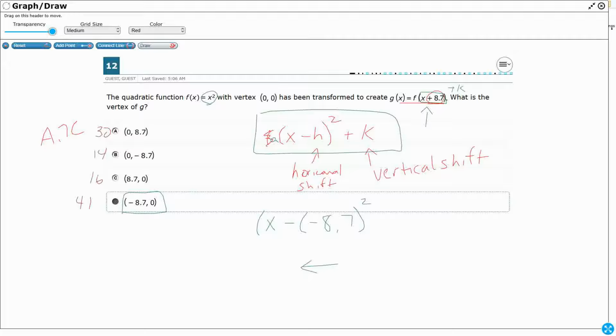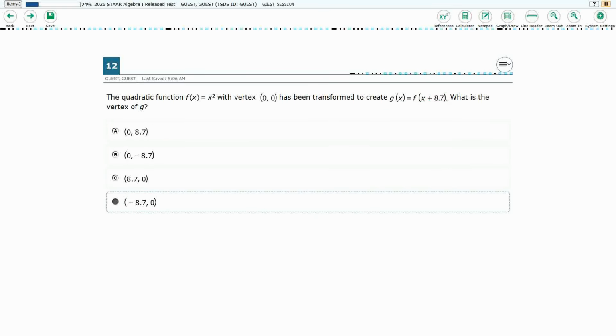And if you don't really know what's happening, you think this positive 8.7 is going to be a vertical shift up because 8.7 is positive. I get that, but if it's within these parentheses, it's going to be a horizontal shift. And this ended up being tied for our eighth most challenging item on the test. So this was definitely on the harder side.